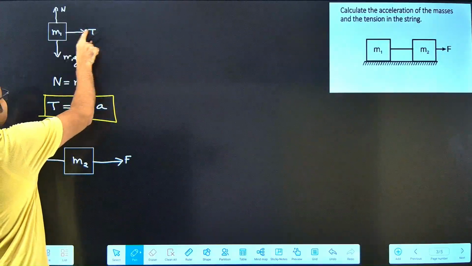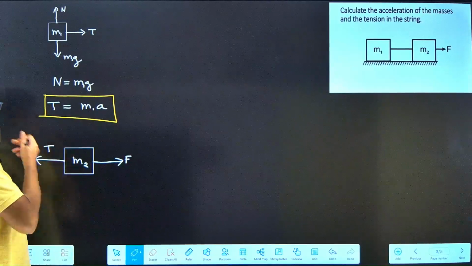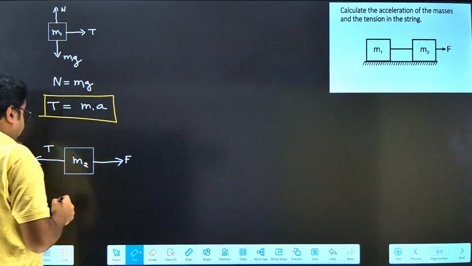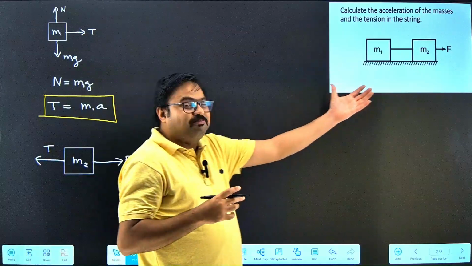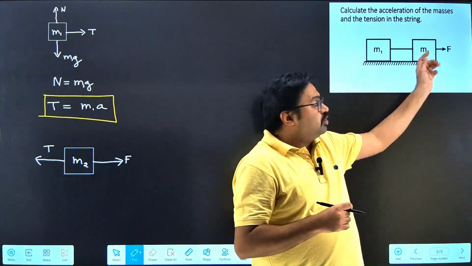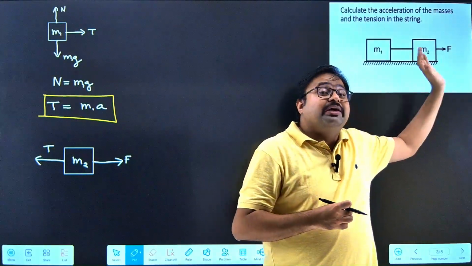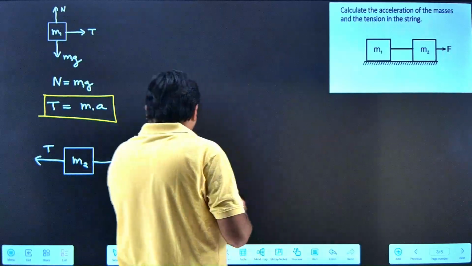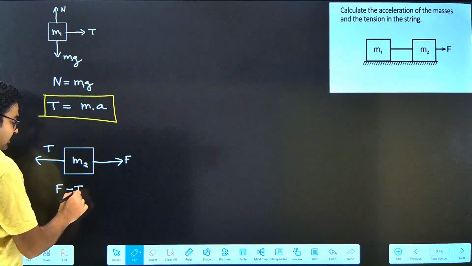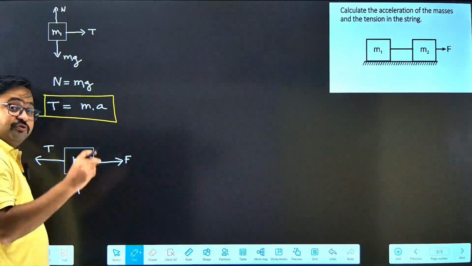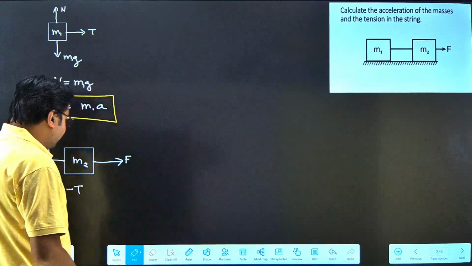So the same tension exists in the backward direction. So we have the tension for mass m1 acting in the forward direction and tension for mass m2 acting in the backward direction. Now when this is the situation, we can now write the total force. Quite simple to understand that if somebody is pulling it from there, it's obvious that the system would start moving in that direction. If this happens, then the total force acting on it would be F minus T. The reason why I write it this way is because force F is certainly greater than T, otherwise m2 wouldn't be going forward.